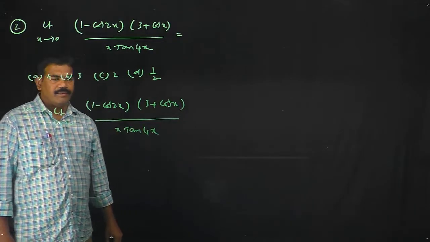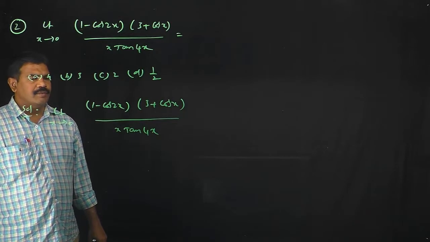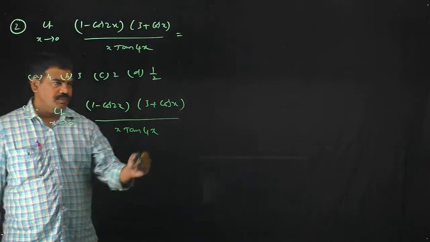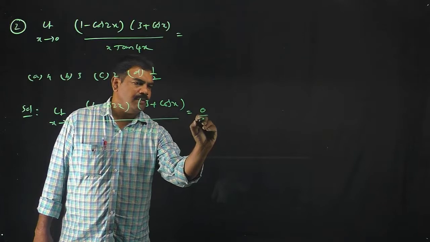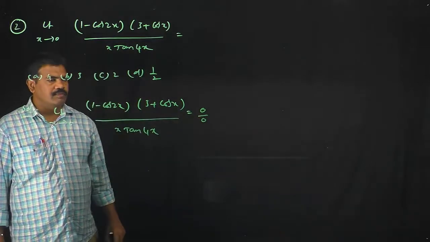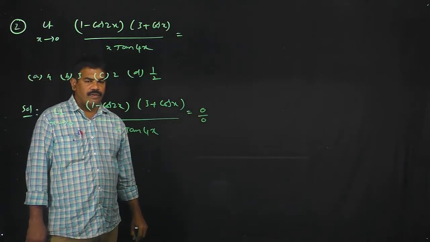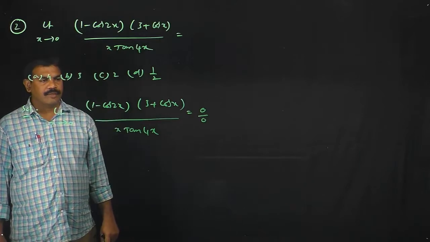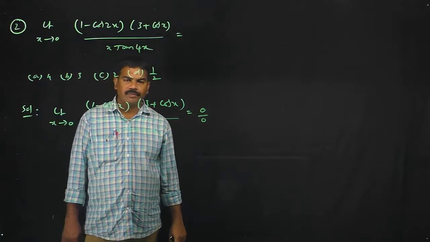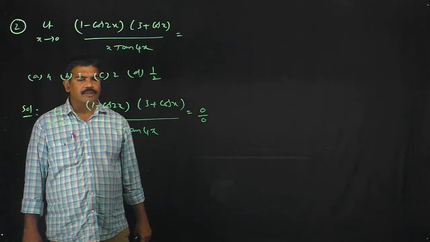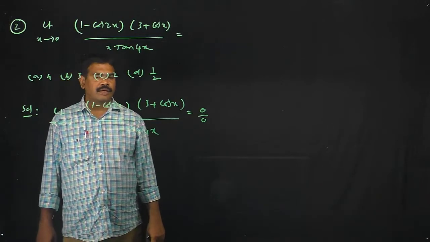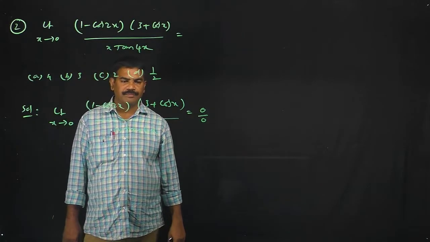Now we apply the limit; both numerator and denominator go to 0, so the limit value is in the form of 0 by 0. Now we could apply the L'Hospital rule, but in this problem, we can easily solve it without L'Hospital rule by using another formula.